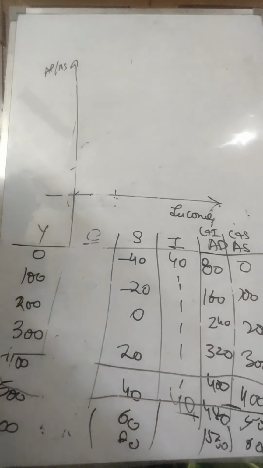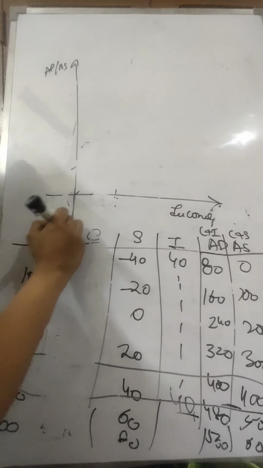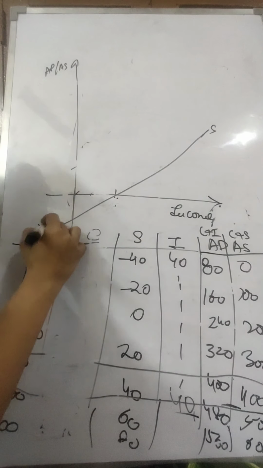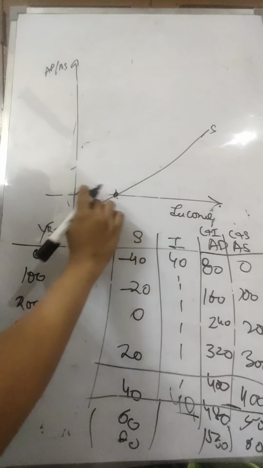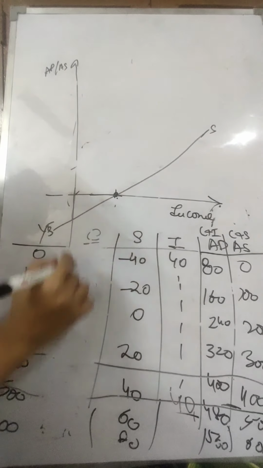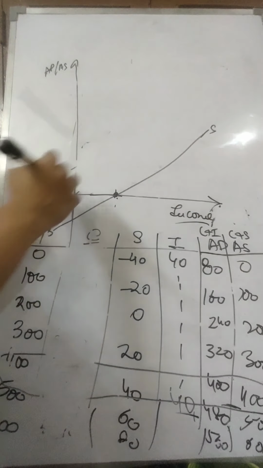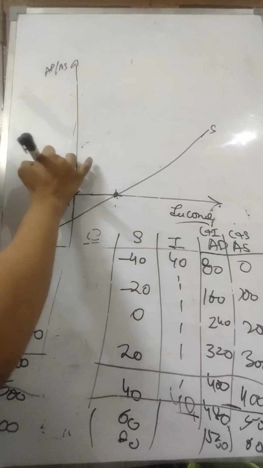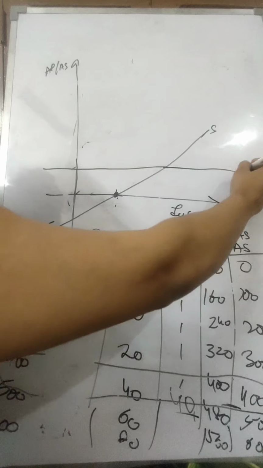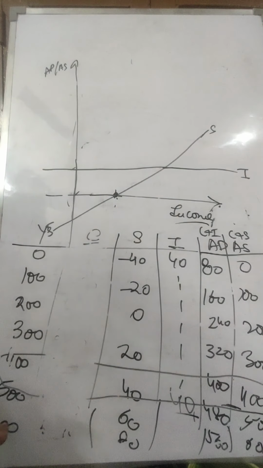And as I have discussed before, we have done the savings diagram also. So the savings diagram is like this, S dash, and this is the point where my savings curve intersects the income axis. And as I said, my investment is autonomous, so this will be my investment curve.